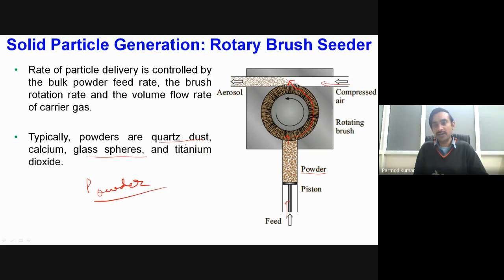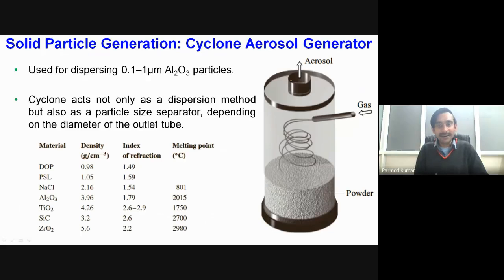Now one of the advantages of using compressed air is that, because it is at high velocity, it avoids coagulation between the powdered solid particles. Another arrangement which may be employed with powdered particles is the cyclone aerosol generator.